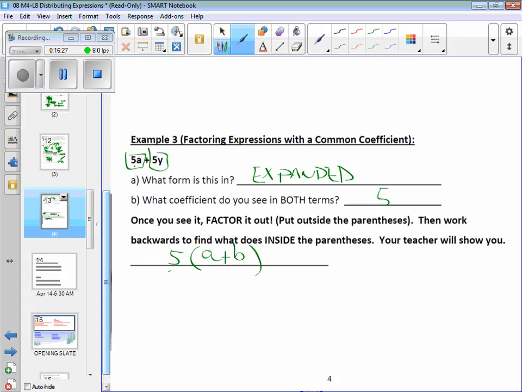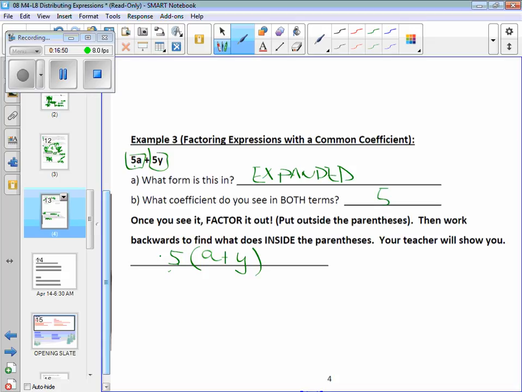Isn't it y? Oh, yeah, y. Sorry. I saw Ryan's look, like I had 3 heads, and usually he's pretty good at this, so I probably made a mistake. And it works. If you work forwards again, 5 times a is 5a, and 5 times y is 5y. It works.